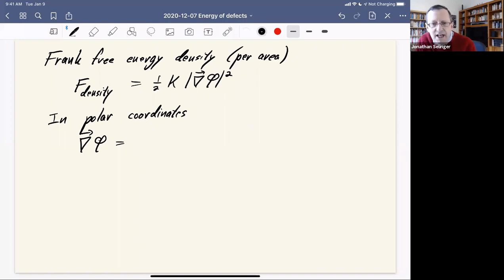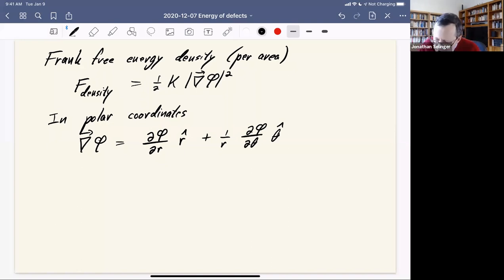You probably did gradients in polar coordinates. It is the derivative of phi with respect to r times r hat, plus 1 over r, d phi d theta in the theta hat direction.